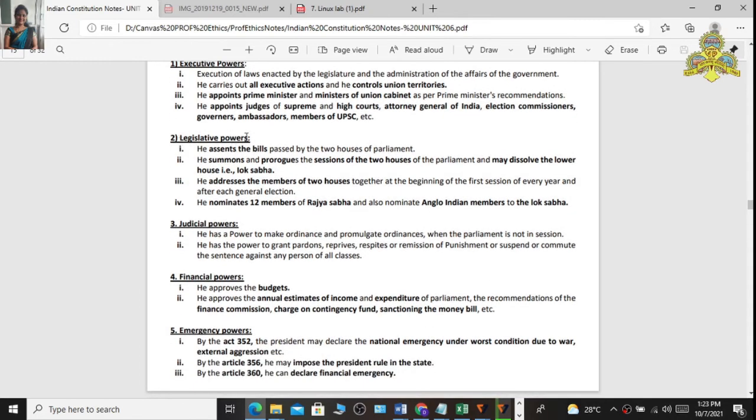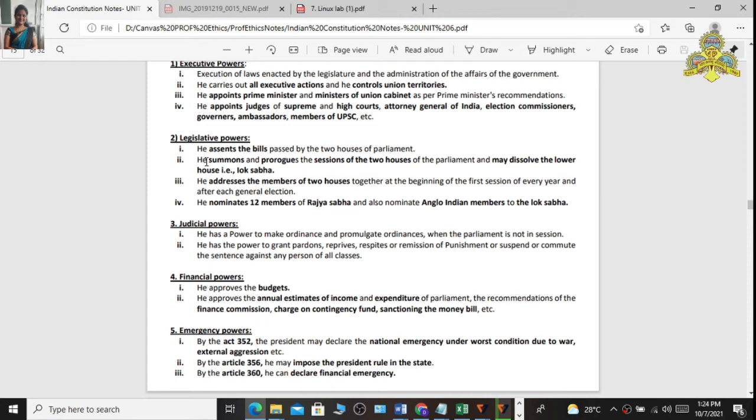One more is the legislative powers. He can assent the bills. When the bill is passed in the parliament with a majority of votes, then that bill has to be assented by the president. The president has to put his signature on that proposed bill.